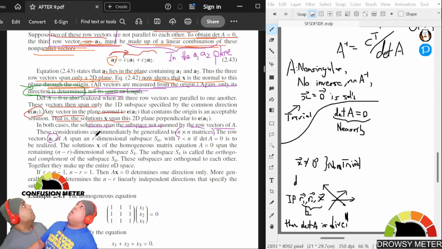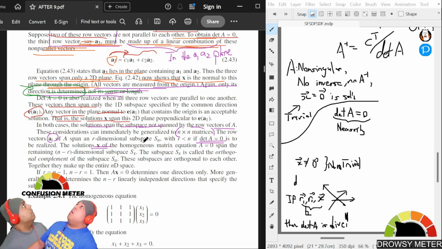The row vectors span an R-dimensional subspace SA, with R being less than n if the determinant is 0.